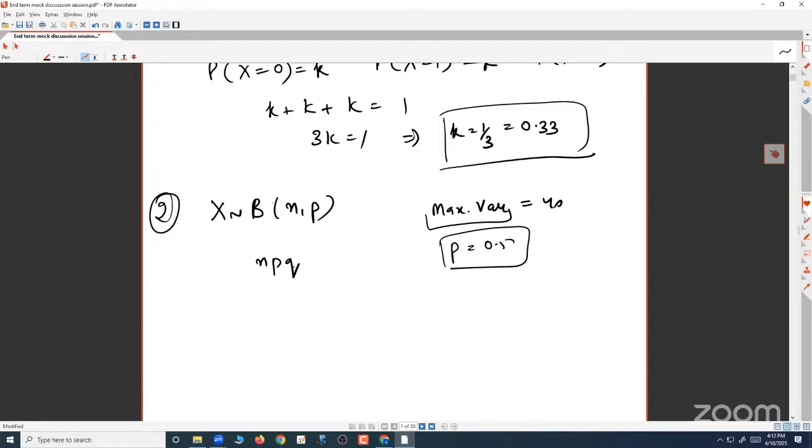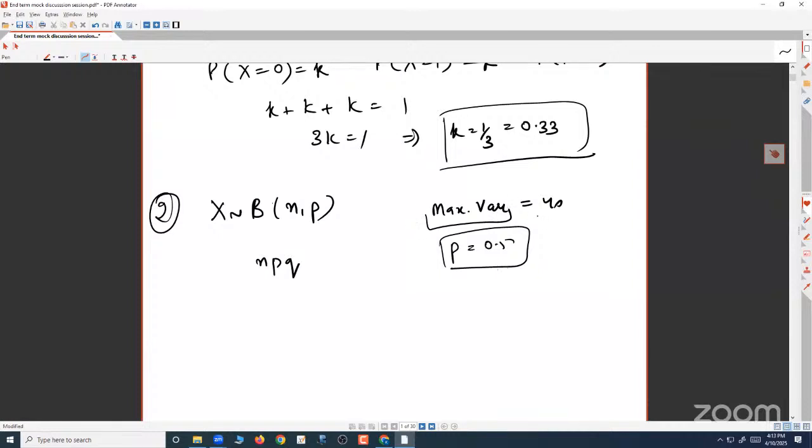Half is success and the other half is failure. So that is what gives the maximum variance. Got the point? So at p equal to 0.5, we have the maximum variance.